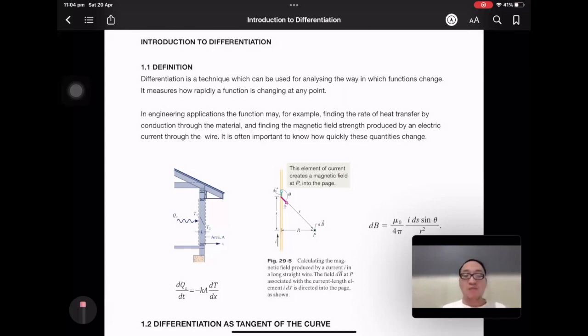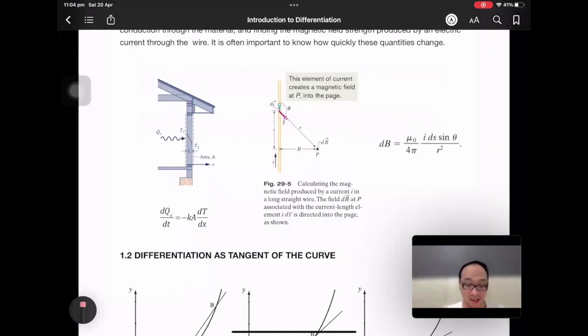Some applications in real life problems are, for example, predicting or finding the heat transfer during conduction through materials. If you see in the picture, there is heat from inside and it conducts through the wall, so you can find the rate of heat transfer from inside to outside.